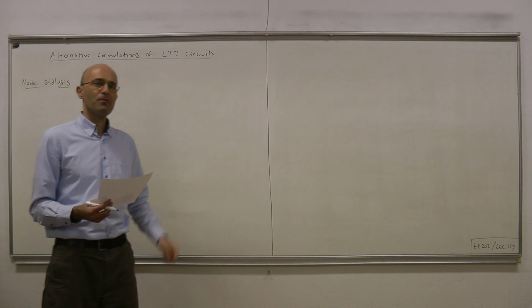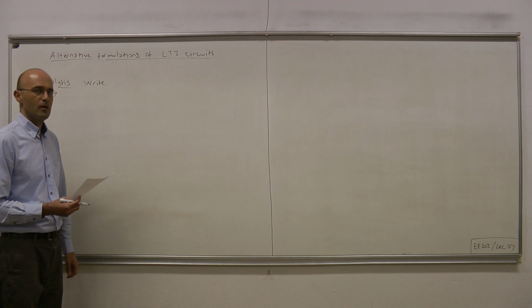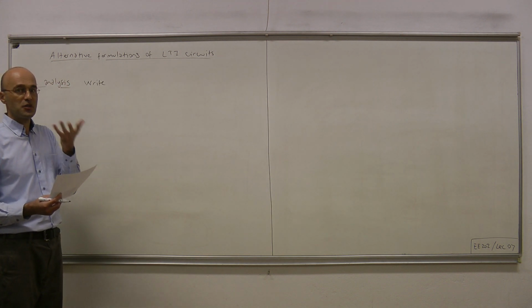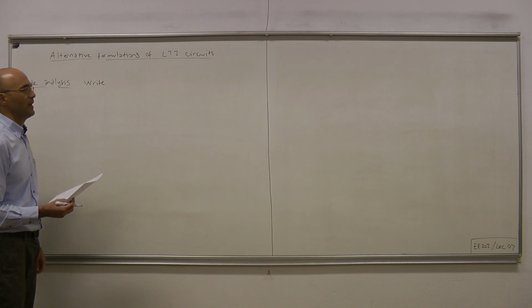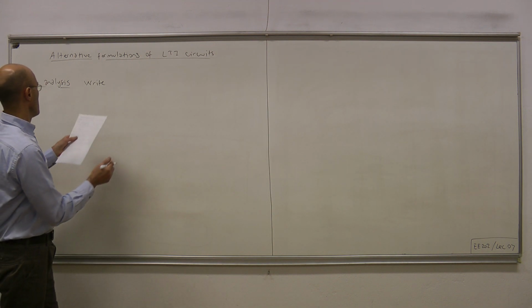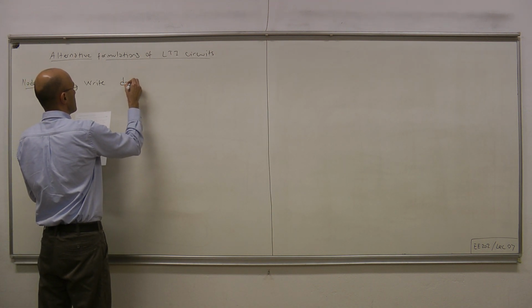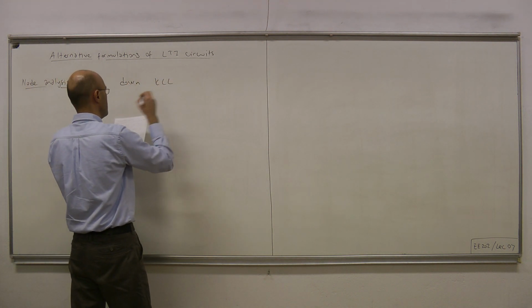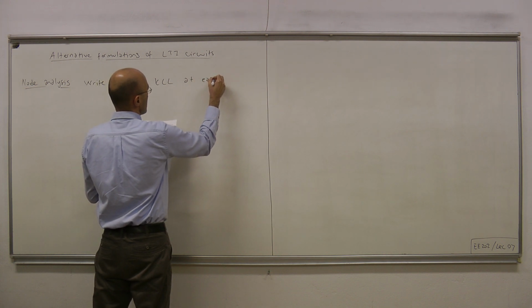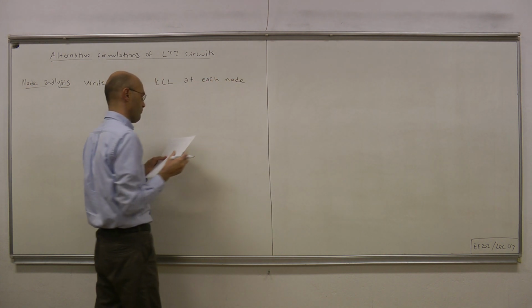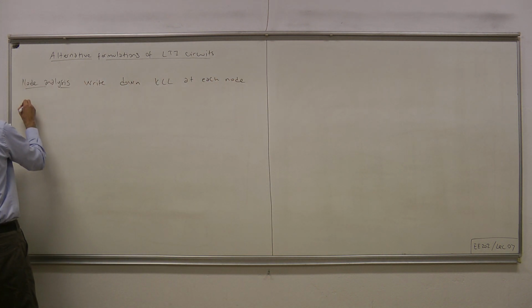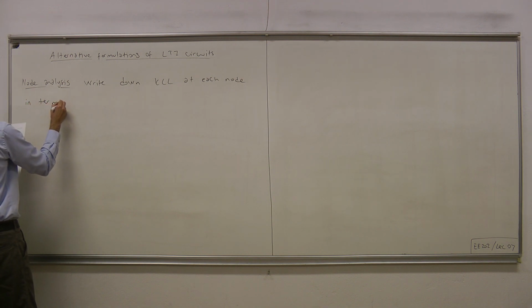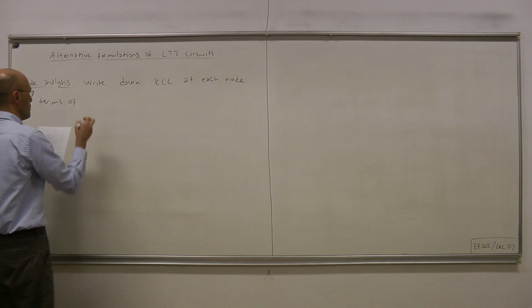So node voltages are our formulation variables, and that will still be the case for dynamic LTI circuits. So write down the current equations, KCL at each node, in terms of node voltages.